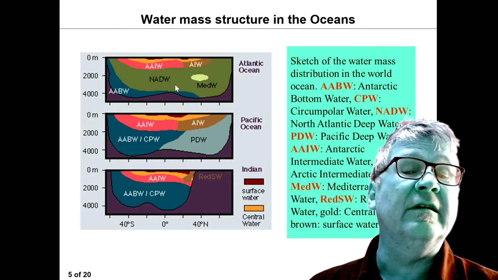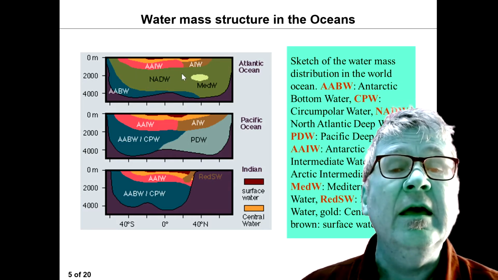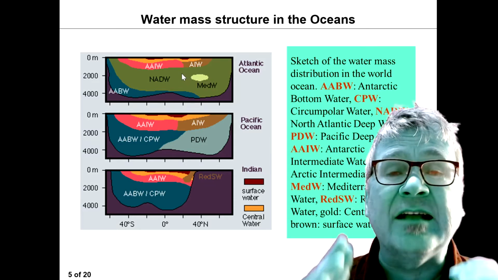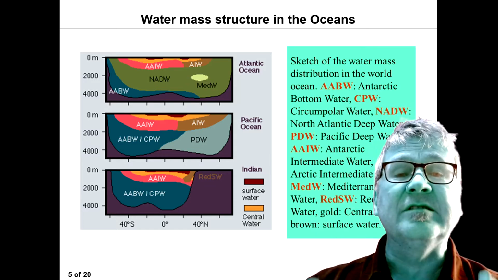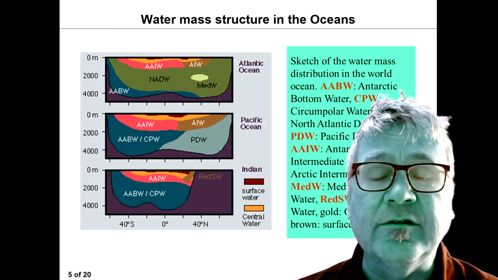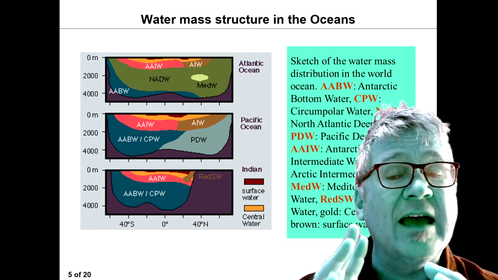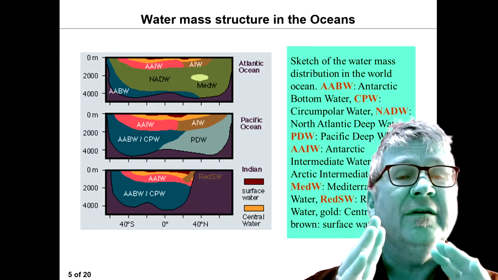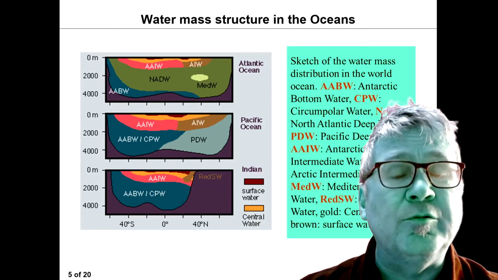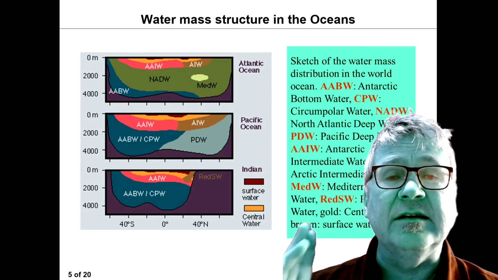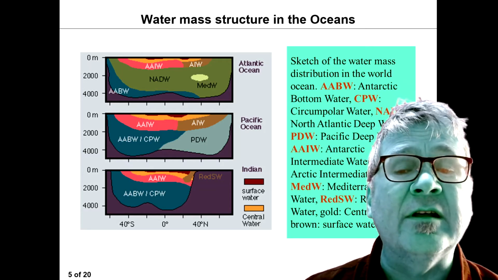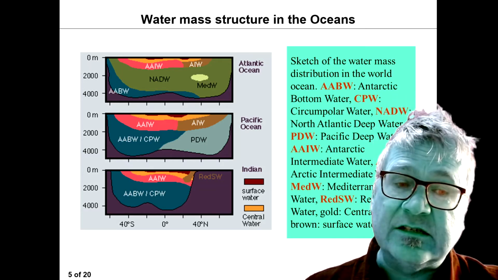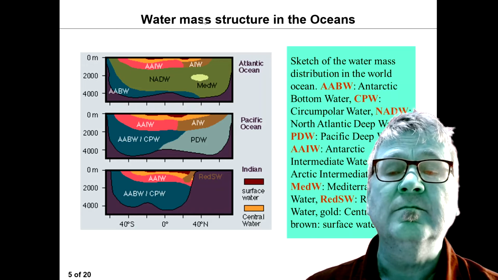Here we have North Atlantic Deep Water. This is the deep water, and it is actually the one that drives the deep circulation of the ocean, because the Antarctic Bottom Water is sort of stuck between the deep basins in the oceans, and the North Atlantic Deep Water can essentially slide onto it.